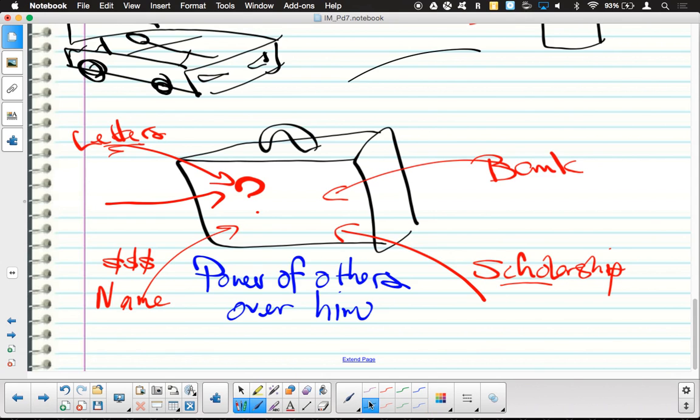So the items that go in that briefcase, you would want to keep an eye on when it comes to that motif chart because there's probably going to be some symbolic aspect to it. And really, the briefcase is going to have a more prominent role throughout. So it's certainly a symbol, but you could also make the argument that it takes on that motif quality of that control, that power that is over him.